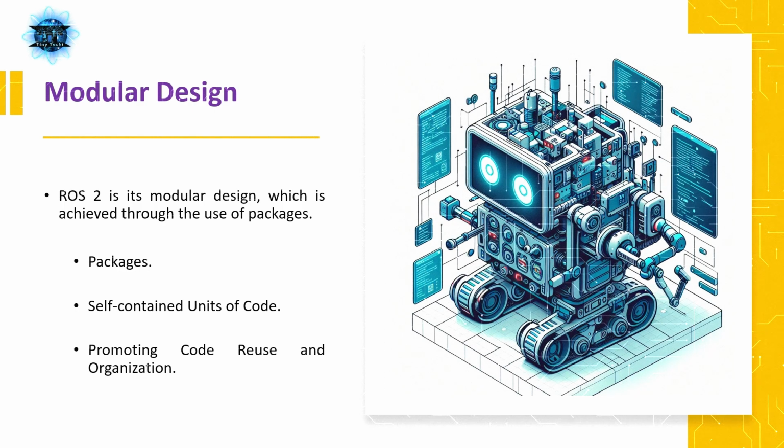So you create a toolkit, called a package, for a job and others can use it in their projects. This keeps our code organized. It's like having labeled boxes in our toolbox, making it easy to find what we need and create well organized robots. That is about modular design.